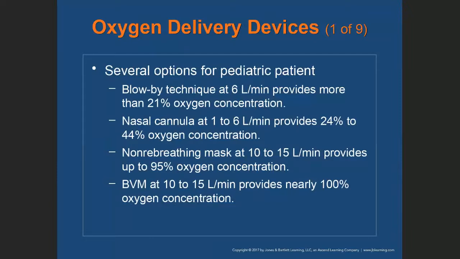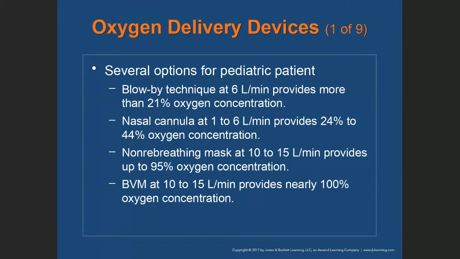Oxygen delivery devices. Several options for pediatric patients. Blow-by technique at 6 liters per minute provides more than 21% oxygen concentration, and that's going to be more for your newborn, neonate, infants, your younger pediatric population.